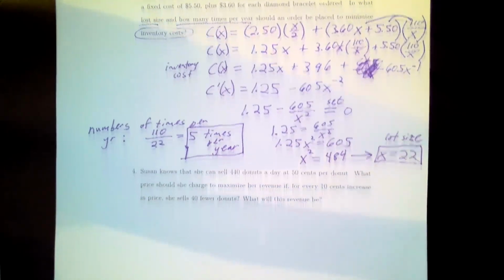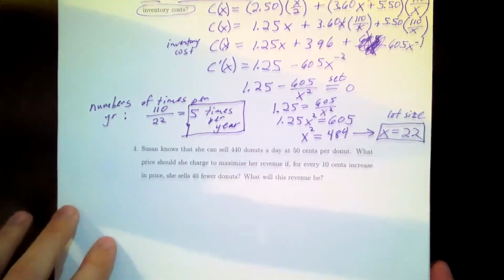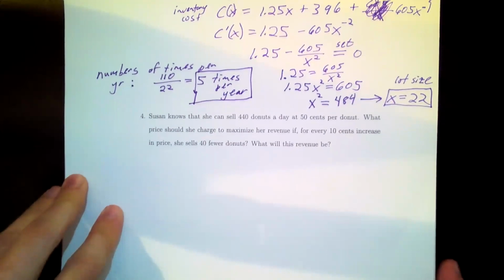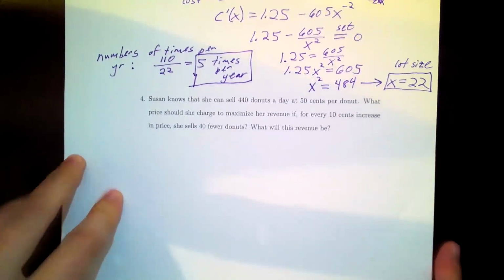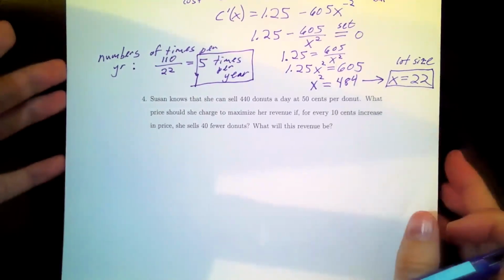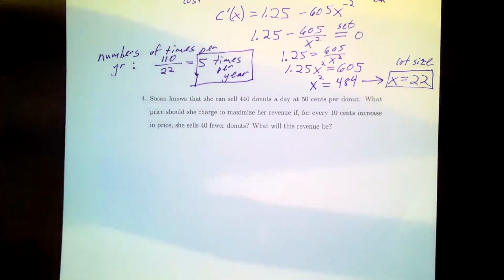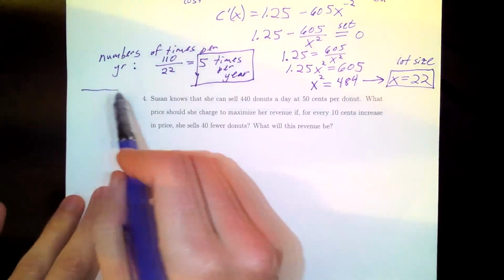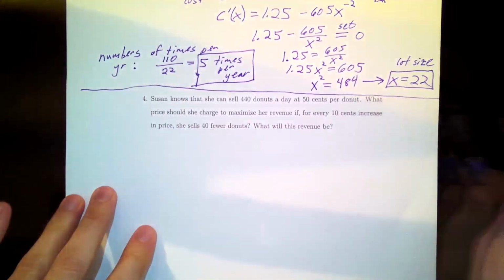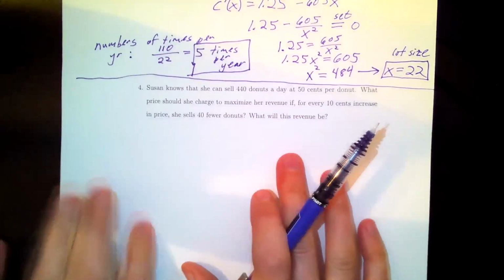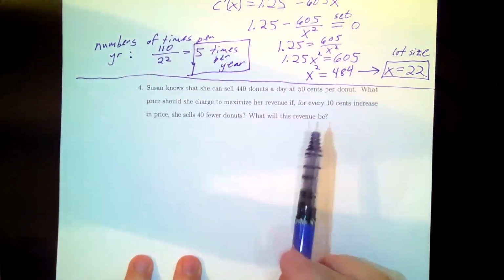All right, so that concludes our analysis of inventory cost function. Let's go to our other application I mentioned, which was instead of minimizing inventory costs, how about maximizing revenue? So we end that discussion and we want to start a different discussion.